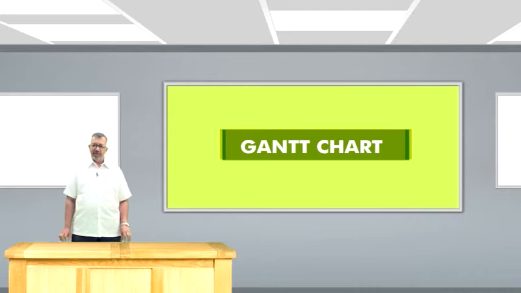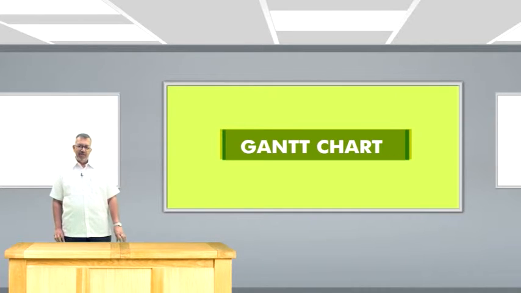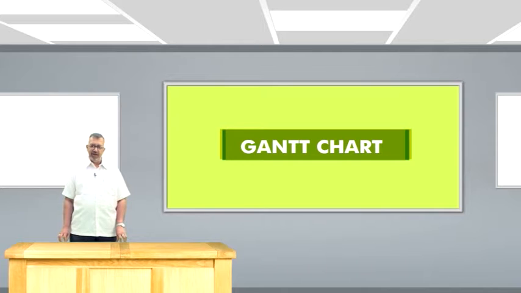What are the bar charts in this? The top line shows the time scale and activities are written on the vertical line. So, you have a series of activities and the time plotted on this chart, and then you will see the duration of each of these activities, and when they are starting and when they are ending. This is what a Gantt chart indicates.